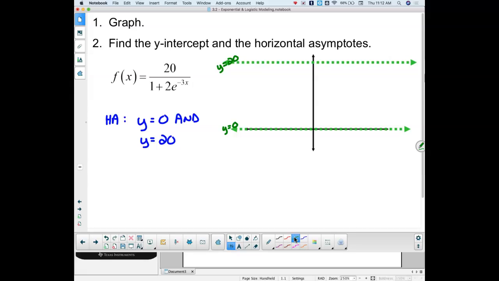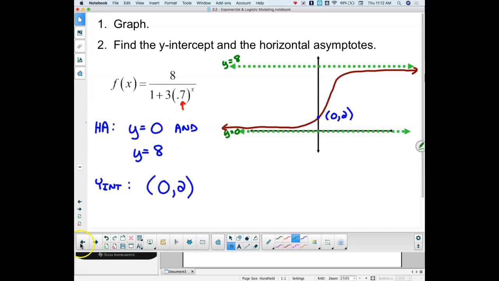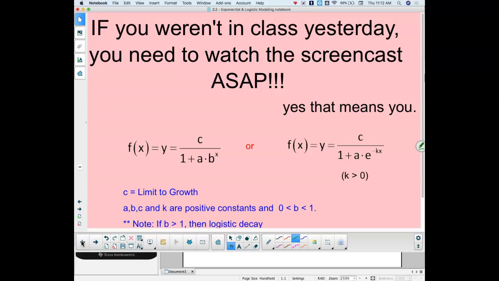Growth or decay? Actually, growth, because it's negative k here.